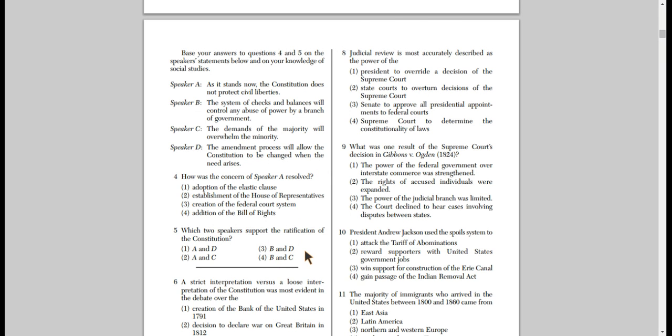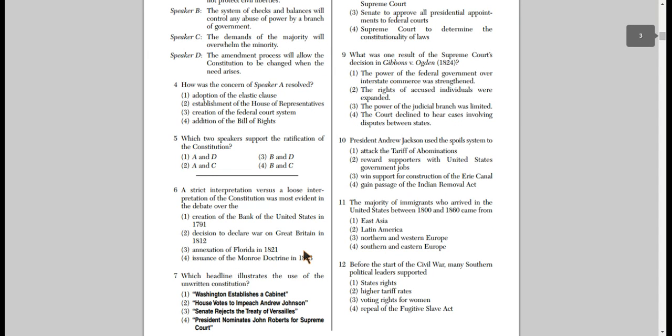So B and D. All right, so number 6, a strict interpretation versus a loose interpretation of the Constitution was most evident in the debate over the creation of the Bank of the United States in 1791, decision to declare war on Great Britain in 1812, annexation of Florida in 1821, issuance of the Monroe Doctrine in 1823.